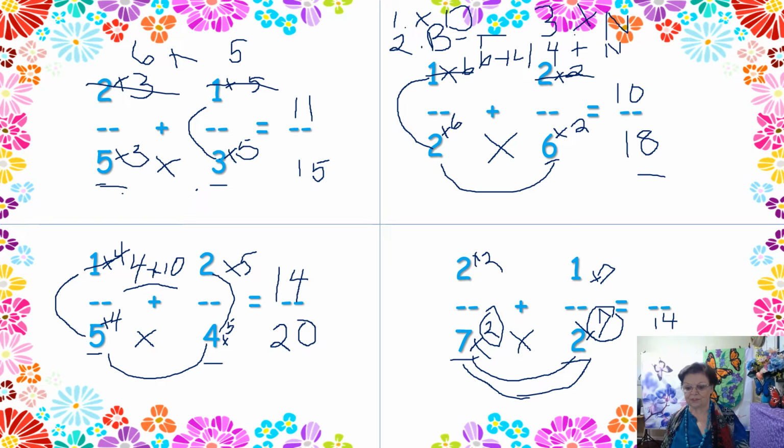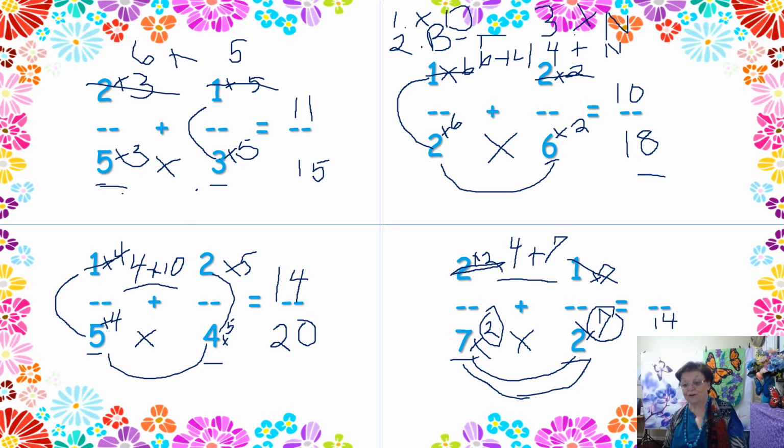What is 2 times 2? Cross it out because we're making a new number. That's right. 4 plus, what is 1 times 7? Yes, 7. Okay, now we're going to add the new numerators.